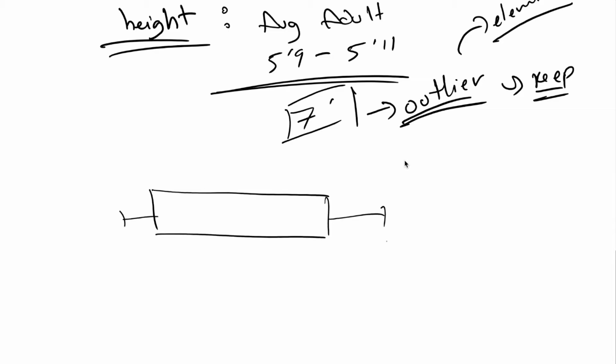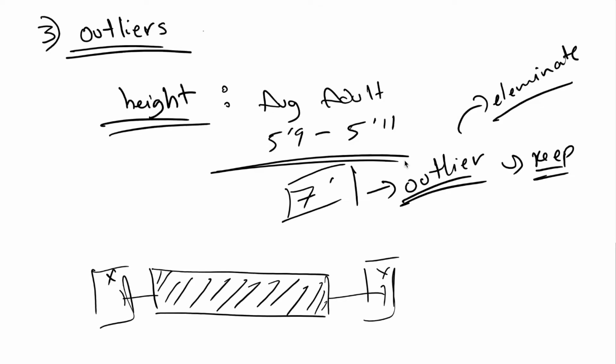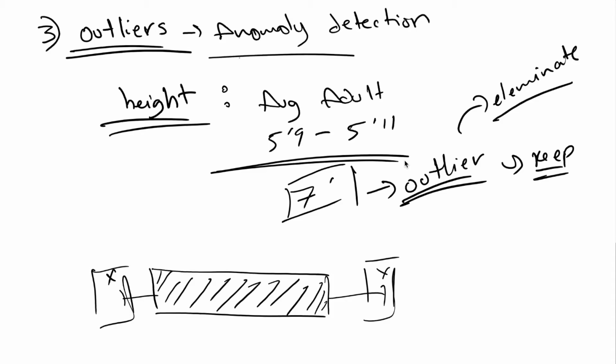A box plot would show you, let's say, this is where most of your population falls, and then these could be your outliers in the data set. So outlier detection is also known as anomaly detection, where you're looking for outliers in the data set.